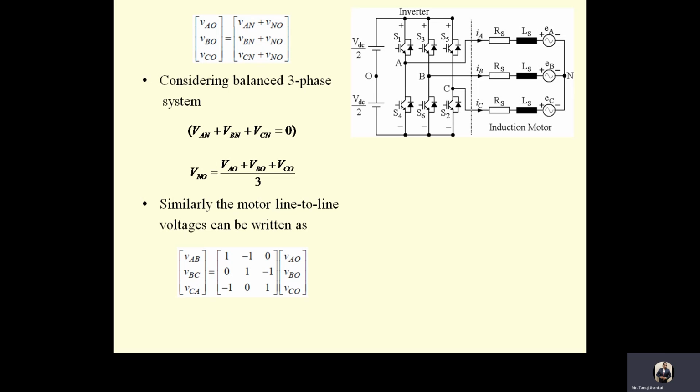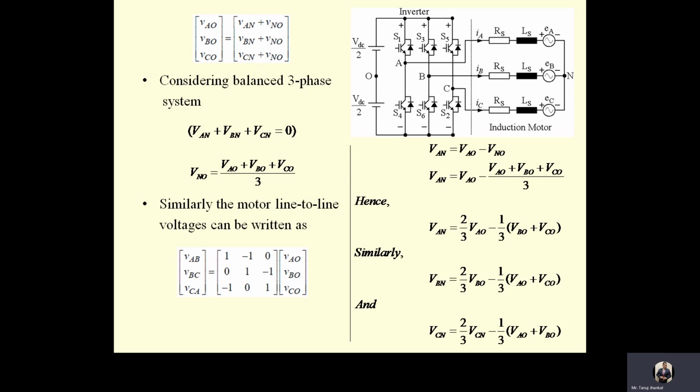The inverter pole voltage contains third order harmonics and their multiples, which are triplen harmonics, and these triplen harmonics are absent in the phase to motor neutral voltage and line to line voltages. Here is the calculation for VAN, VBN and VCN using the above equations.